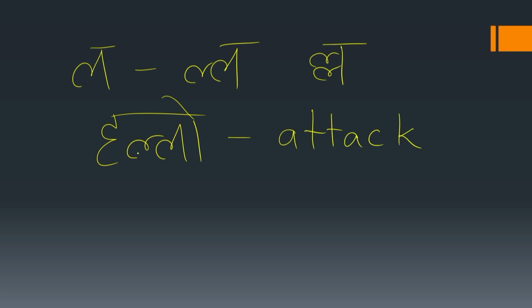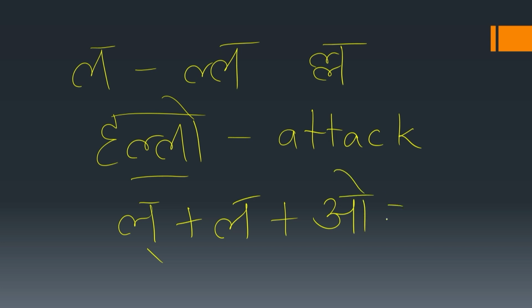You can write it this way, where you write first half L and then full L. So this is half L plus full L plus O swar, which gives us law. Now you can write either with this or with this, where L is on top of one another.